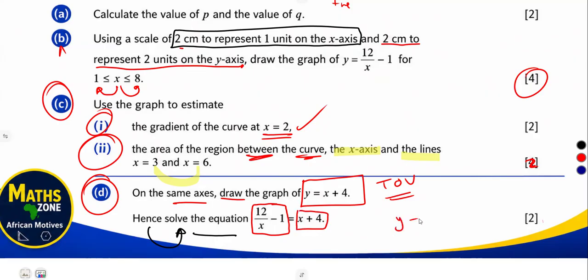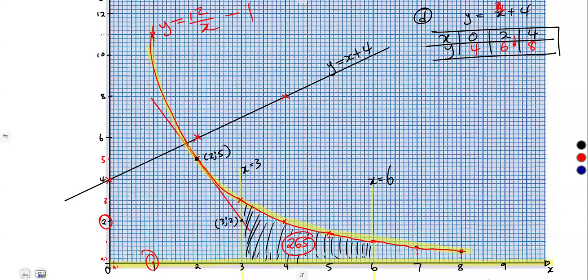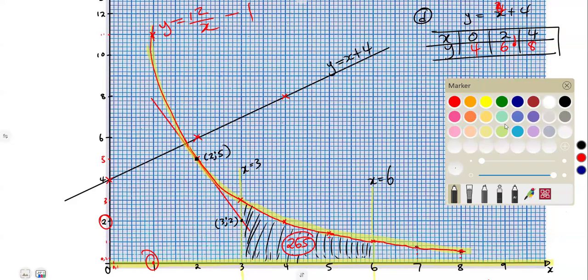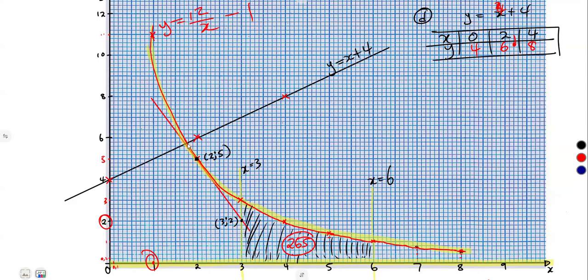When these two graphs are equal, where do we have our solutions? At the point of intersection, where the two graphs intersect.